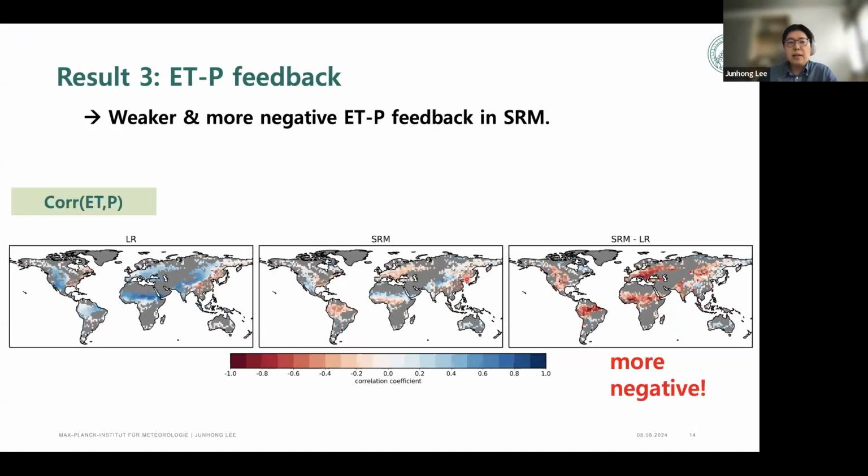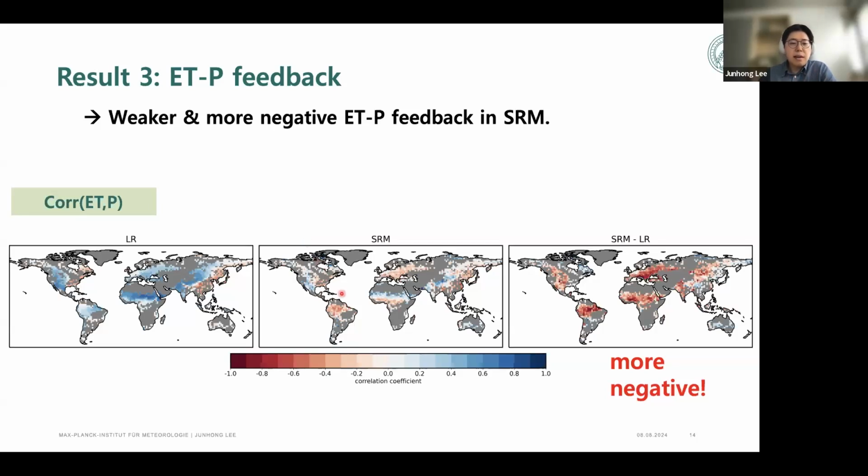Let's move on to the second point, ETP feedback. Again, we found weaker, so less positive and more negative, ETP feedback in storm resolving simulations. The plots are the same as before, and we compute the correlation coefficient between ET and P. If you look at the left-hand side, there is a positive area and a negative area, but it is getting more negative in the storm resolving simulations.